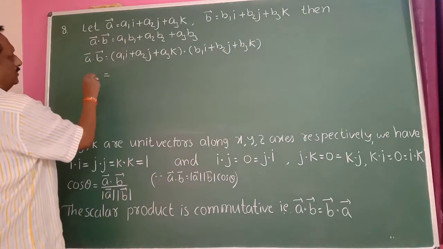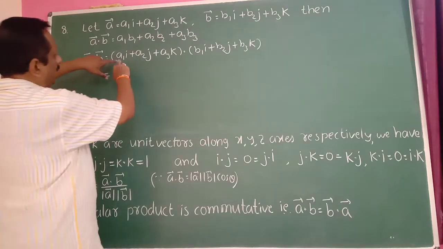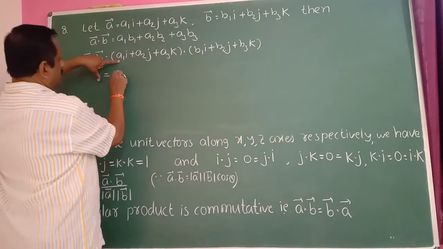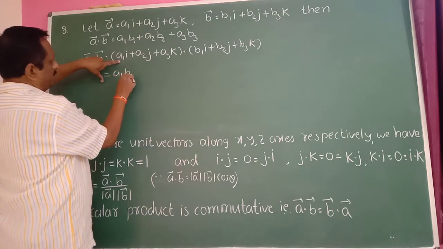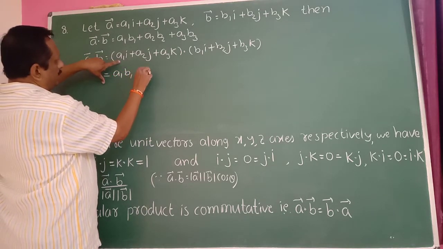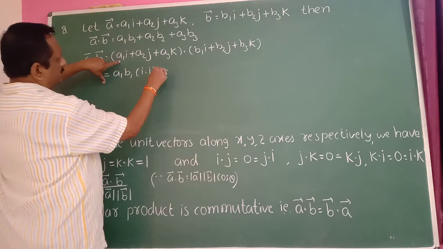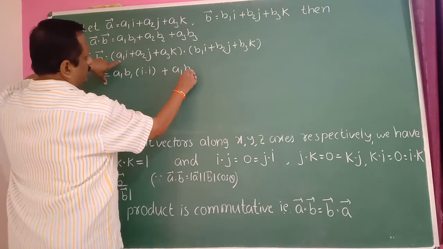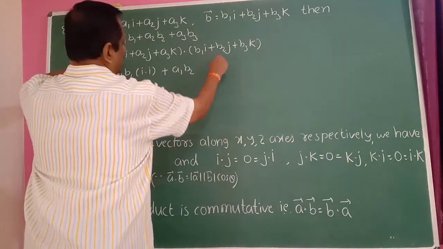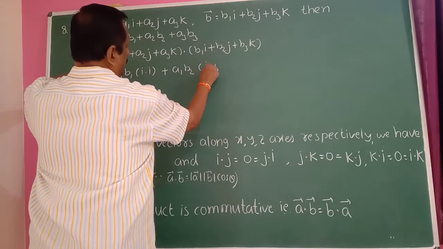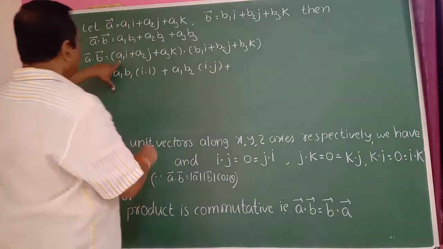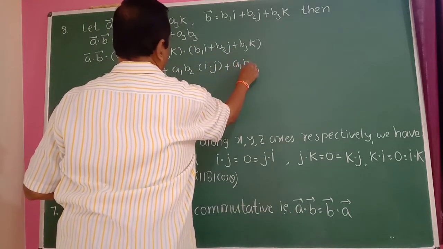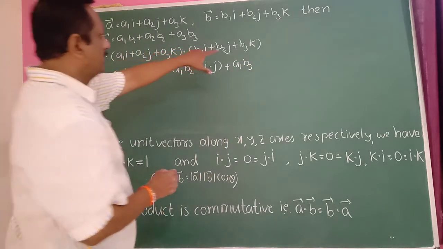This is equal to, on multiplying, a1 b1 into i dot i, plus a1 b2 into i dot j, plus a1 b3 into i dot k.